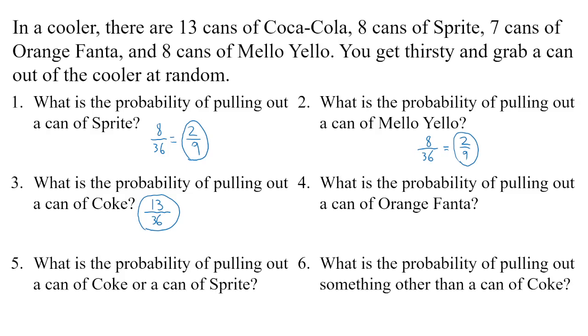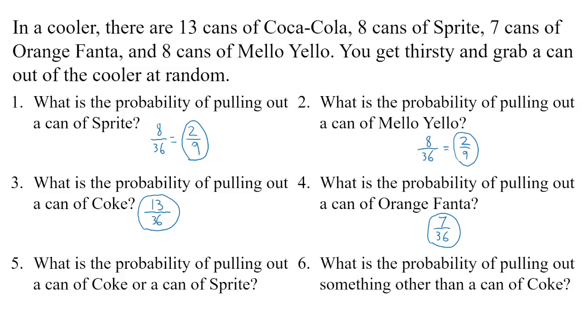What is the probability of pulling out a can of Orange Fanta? So there are 7 cans of Orange Fanta out of 36. And 7 over 36 does not reduce. Therefore, the probability is 7 out of 36.